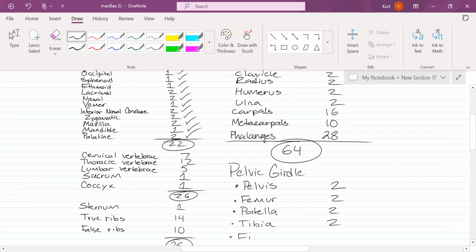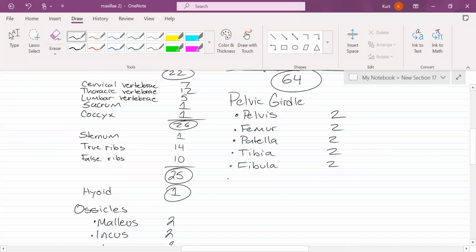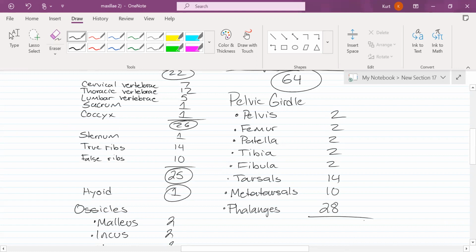Your fibula, your skinny one. Your tarsals, your ankle bones. Your metatarsals, your foot bones. And your phalanges, your toe bones. All right, let's add those up. 28 plus 10 plus 14 plus 10. 62.